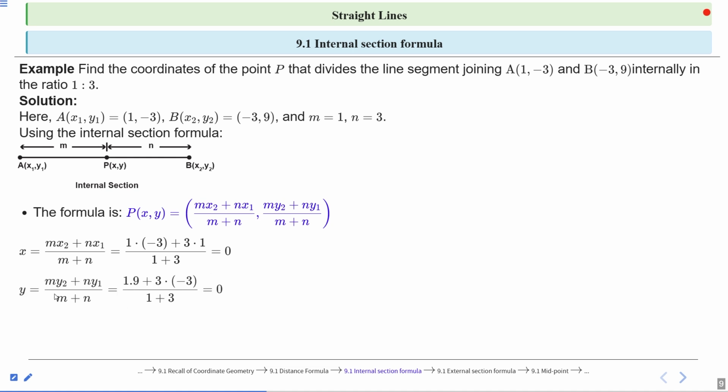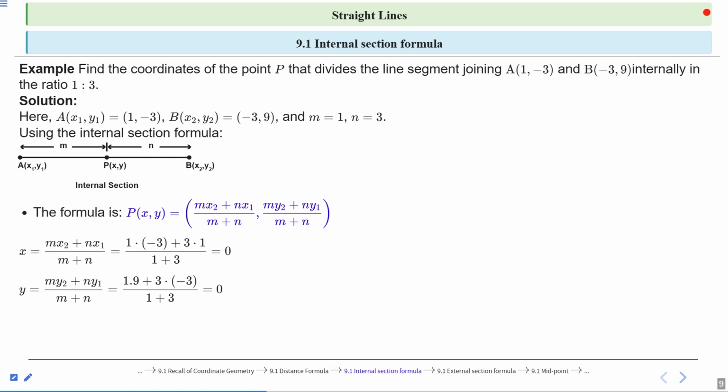Then the y coordinate of the point P is m times y2 plus n times y1 divided by m plus n. Now substituting the values of m, n, y1 and y2, what will you get?